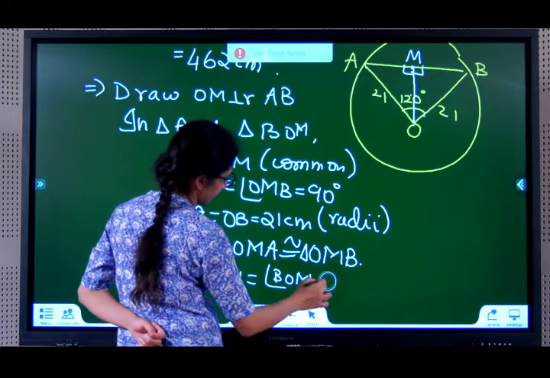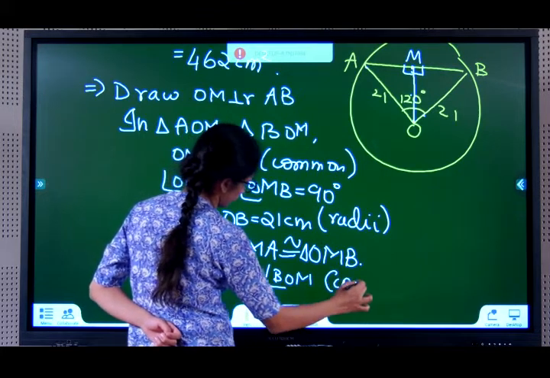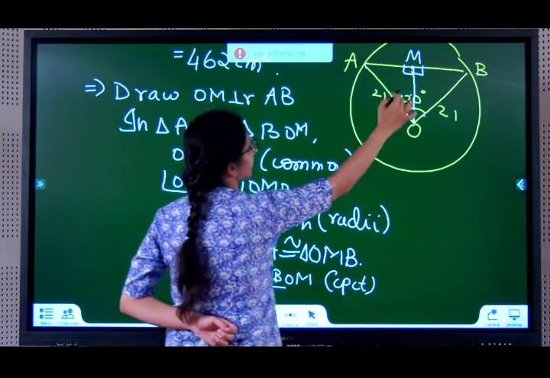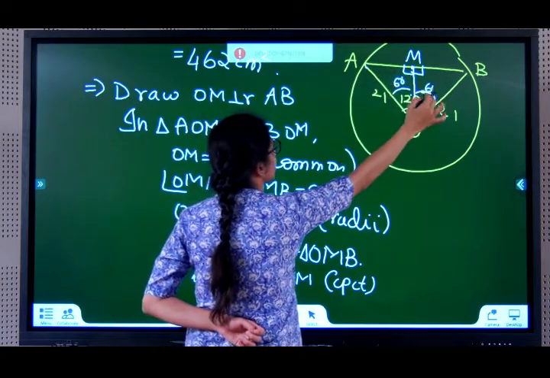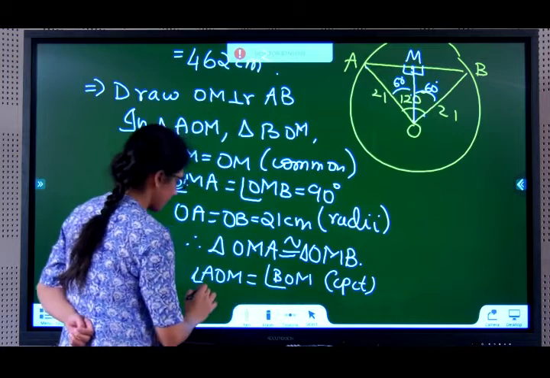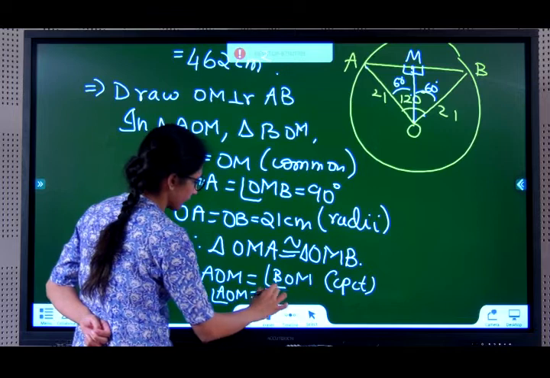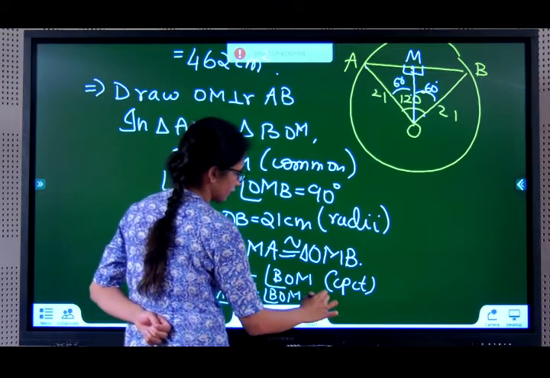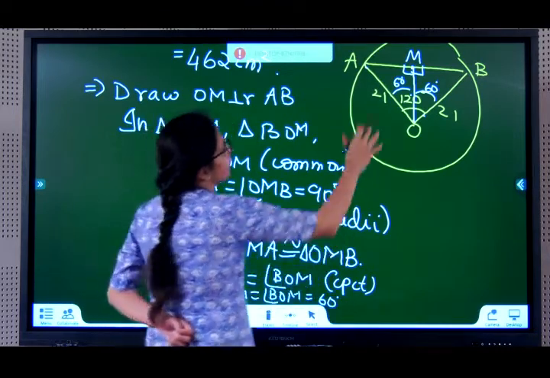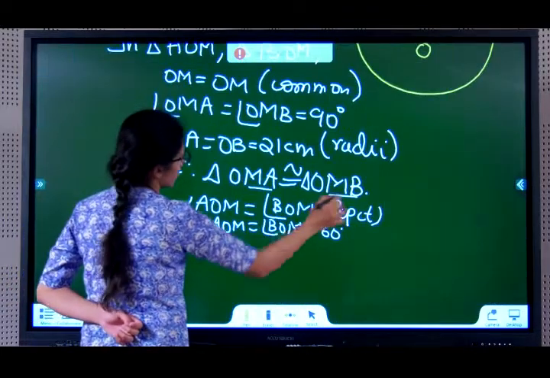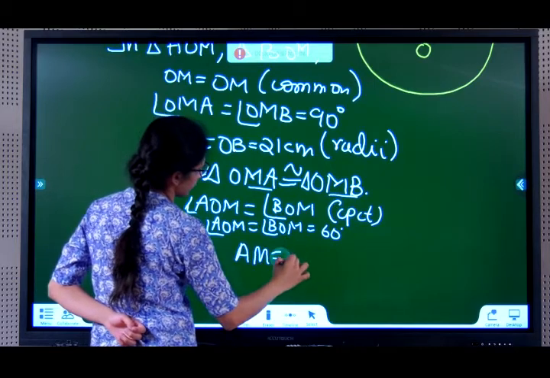Because of CPCT. We already know this whole angle is 120 degree. Therefore, this angle has to be 60 and this has to be 60. Agreed? Therefore, angle AOM equal to angle BOM equal to 60 degree. AM is equal to BM also because of CPCT.